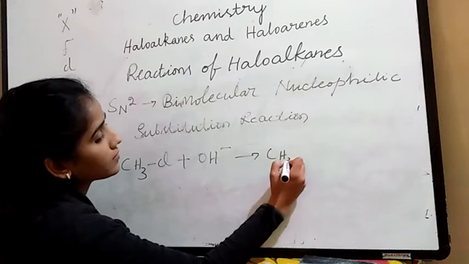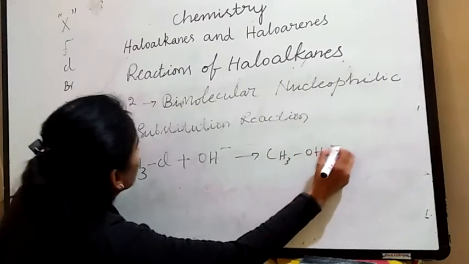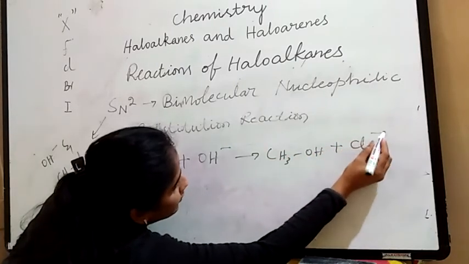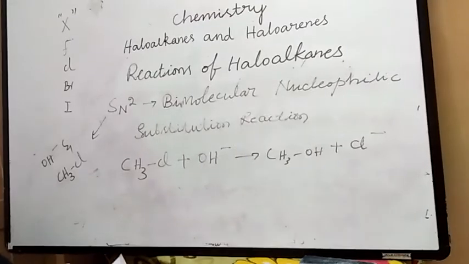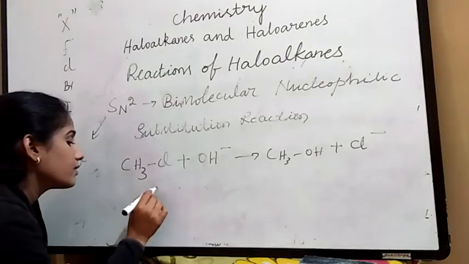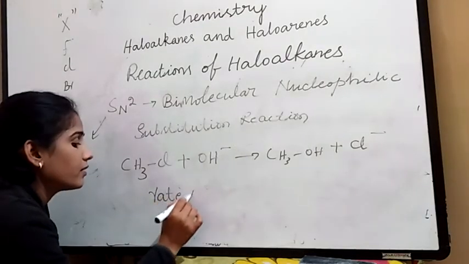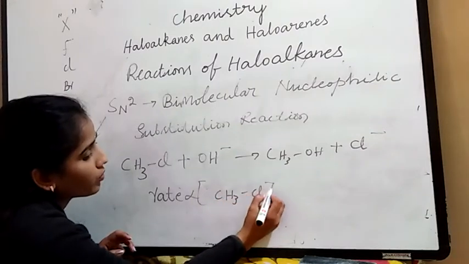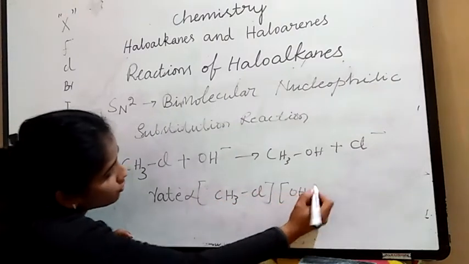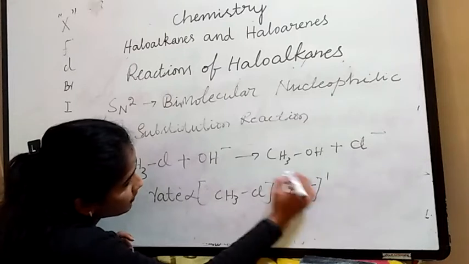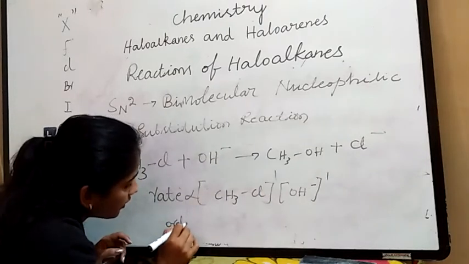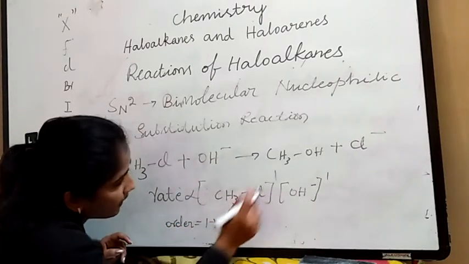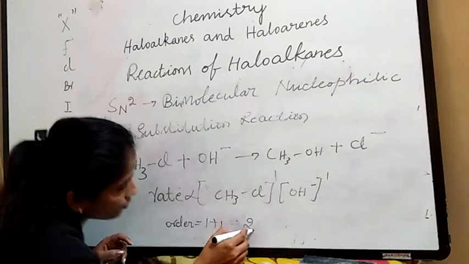Methyl alcohol as the final product with the removal of halide ion, chloride ion. So, here the rate of reaction depends on the concentration of methyl chloride and the concentration of nucleophile OH minus. Therefore, the order is equal to 1 plus 1. So, the order is 2.